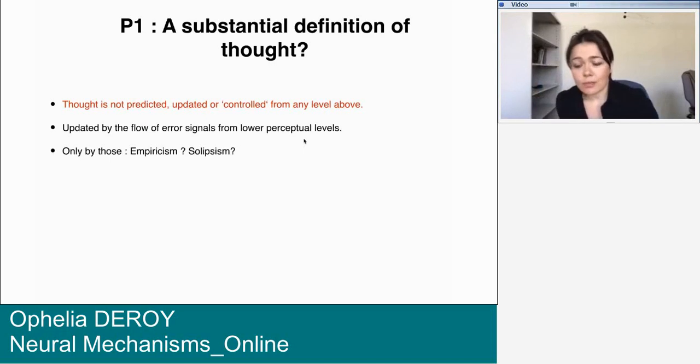One is that, just in virtue of being a proponent of predictive coding, one has to be a pure empiricist, the idea that thought is only updated by perceptual evidence, or what is coming from the lower and sensory levels. The second risk is solipsism, because it seems that the only way in which thought will be updated, changed or shaped is by one's own incoming information resulting from the interplay of predictions and sensory information.